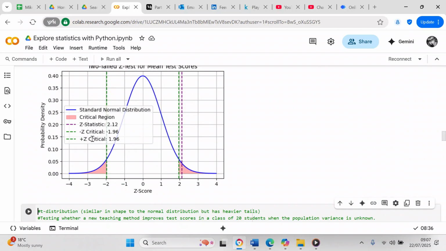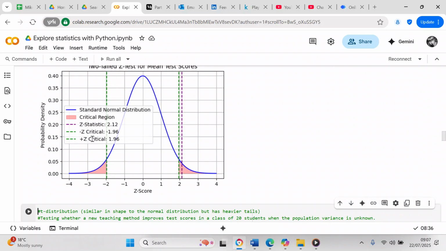The purple line is the z-statistic of 2.12, and the green line is the negative z-critical of -1.96, and you have another green line at the positive z-critical of 1.96. So you can see that the z-statistic is in the critical region and it's past the z-critical.